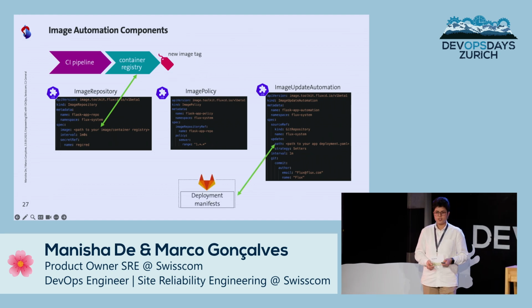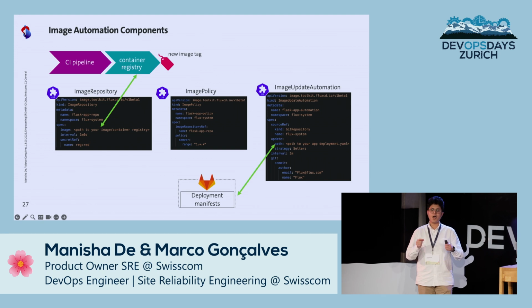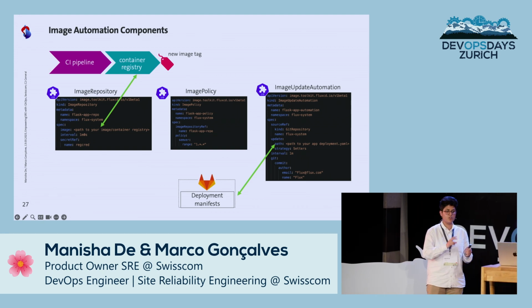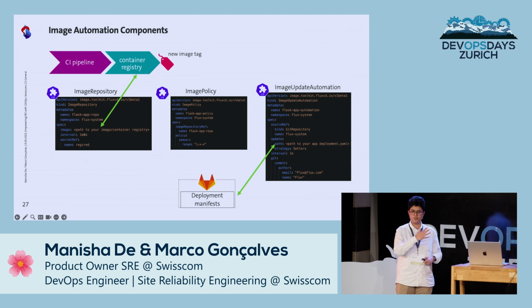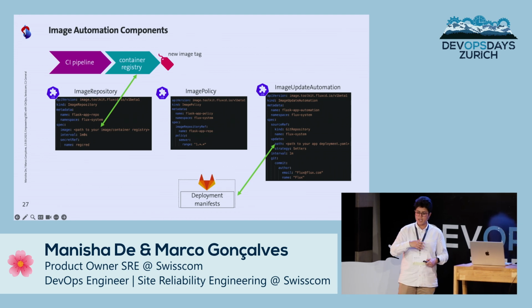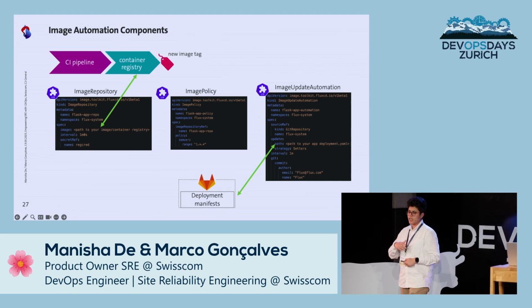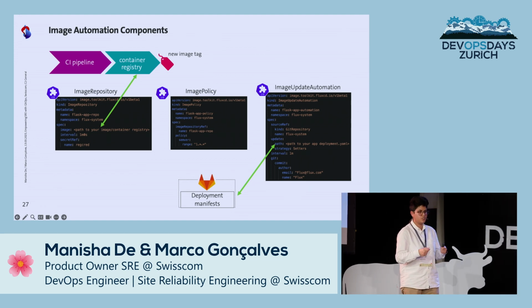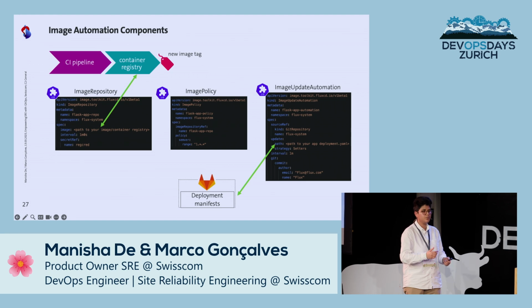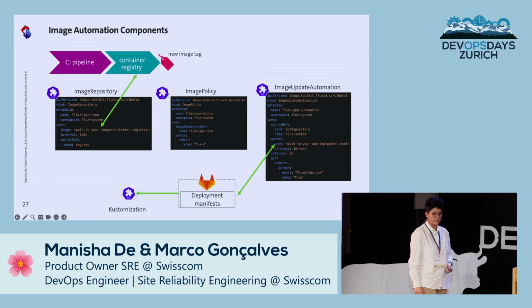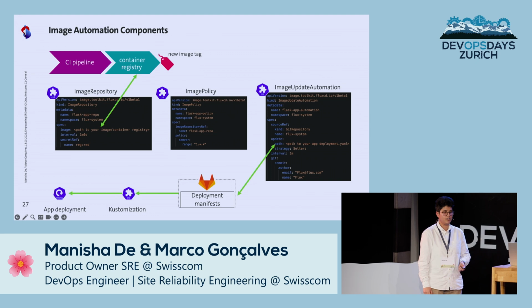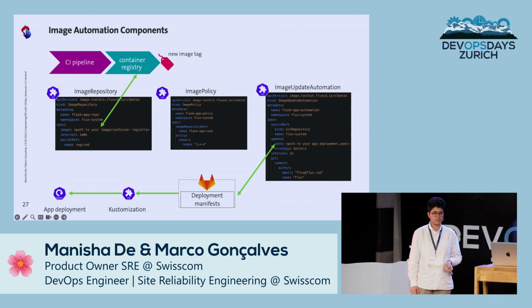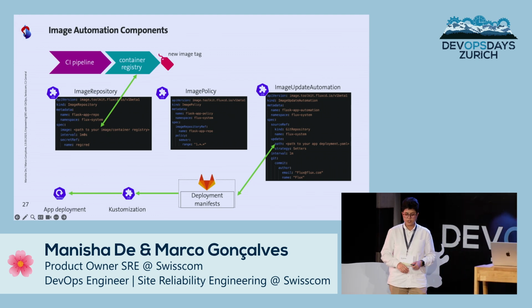Then image update automation will update the deployment manifests or your application manifests, which are on your source code side on the Git repository. Since your source controller and your customization controller are already set up so that every change in one line of code will do something to your application, these will come into effect and finally update your application. So that's more or less the big picture.